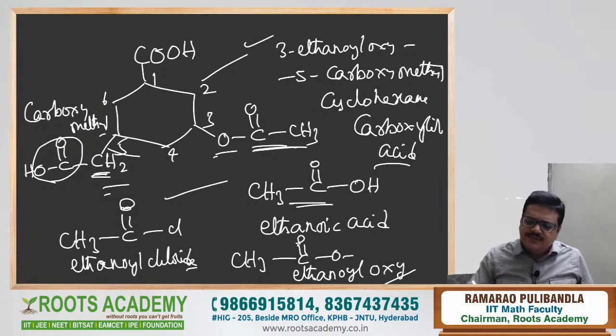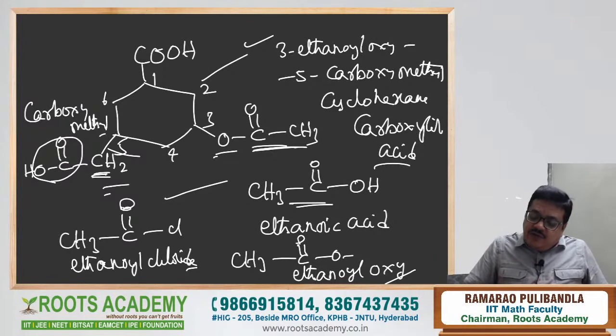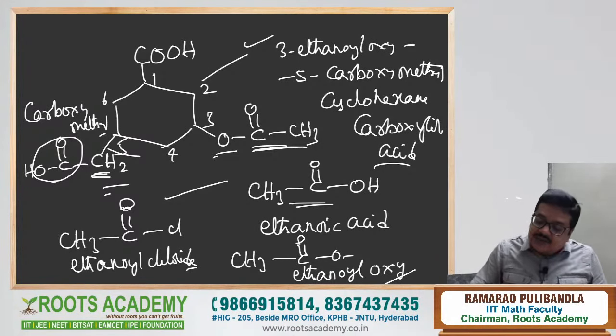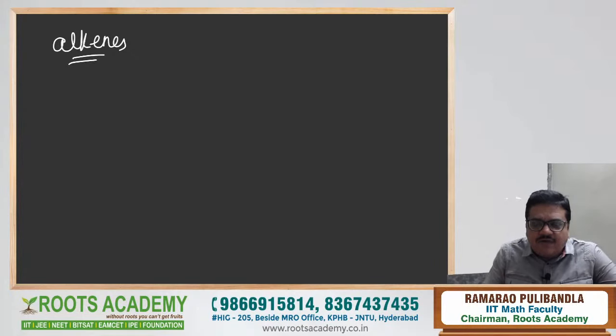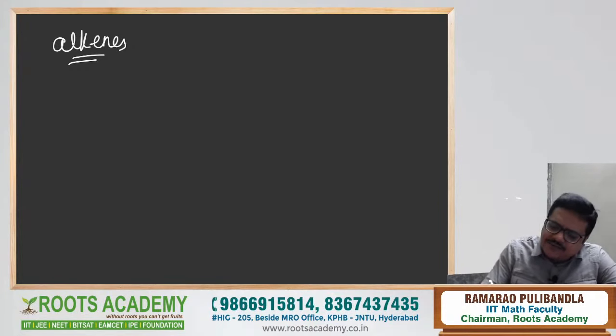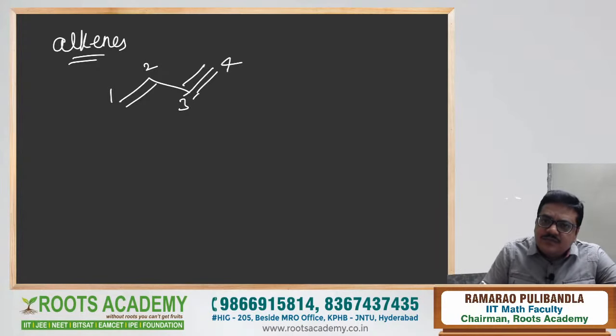Okay. Now what I am going to say, when we are writing IUPAC namings of alkene. Whenever you are writing the IUPAC naming of alkene, if alkene and alkyne both are at terminal, priority order 1, 2, 3, 4. So numbering is given from here.